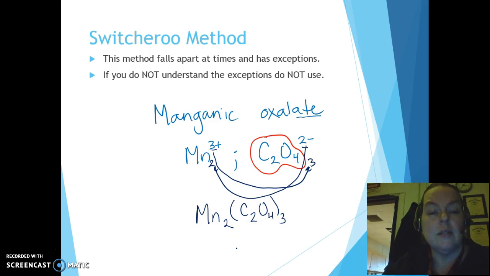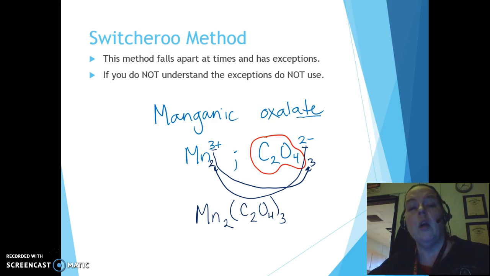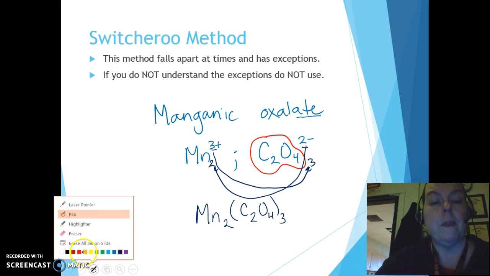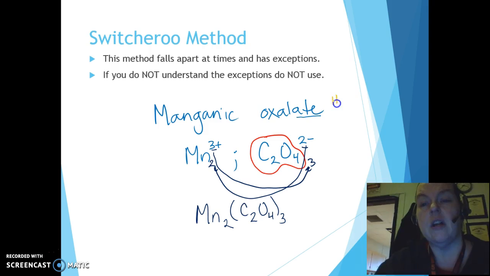So you can see in this particular part, we're trying to reverse engineer a little bit. We're starting up here with the name, so we're starting right here. We're moving down to here, and this is our second step, determining the ions, and then we go down here to the formula for step 3.